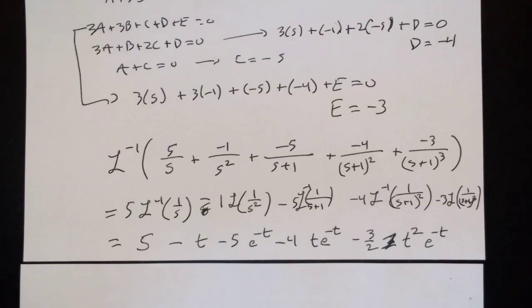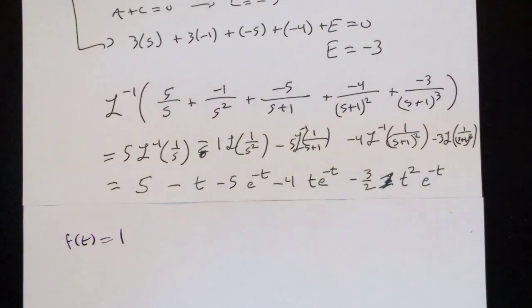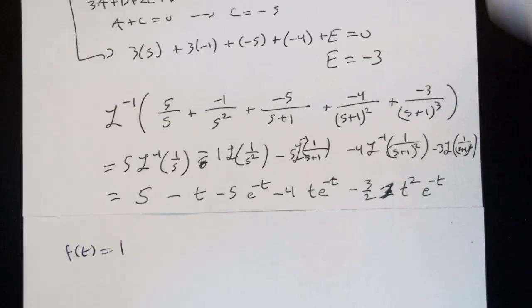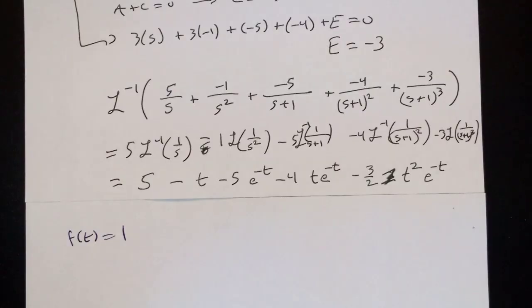Let's consider 1. The function 1. We did the Laplace transform for this using the definition, right? When we did the Laplace transform of this, we did the integral from 0 to infinity, which means I really don't care about what's happening when t is less than 0.